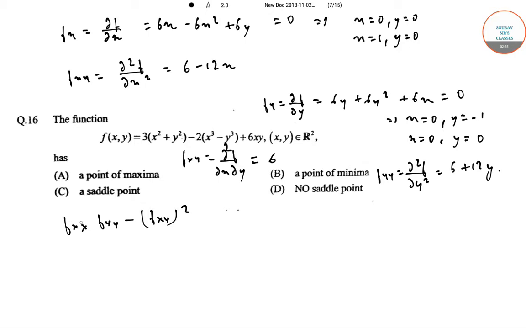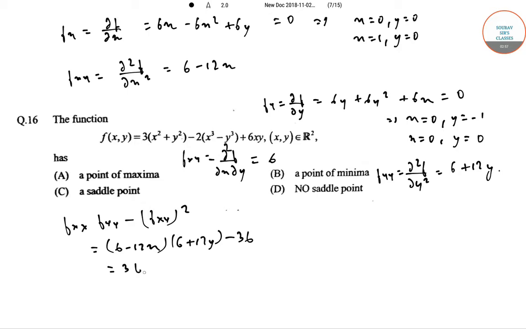So now the value of fxx fyy minus fxy squared is equal to (6 minus 12x) into (6 plus 12y) minus 36.